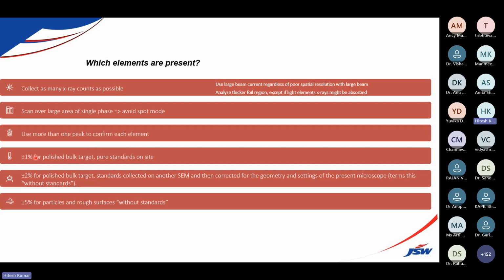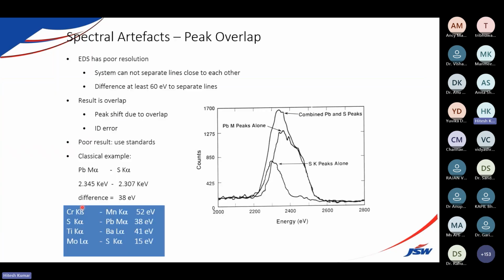We also need the bulk target, like proper standards, collected on another SEM and then corrected, the geometry settings should be right, and there should be no rough surface. So those should be taken care of.